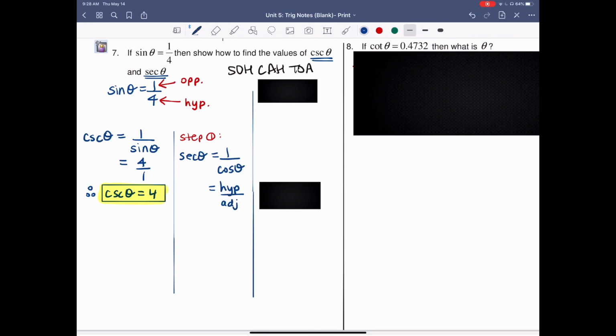And so next, I know what my hypotenuse is, so I'm just going to plug in the 4 for hypotenuse, but I'm noticing that I'm missing the adjacent. So I need to go ahead and try to solve for adjacent if that's possible.